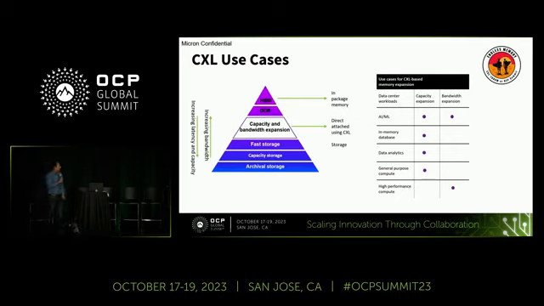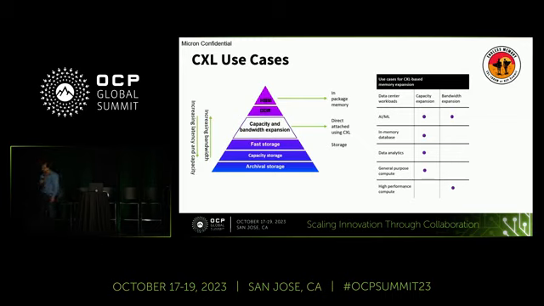Okay, so on the CXL use cases, I'm showing a few sample data center workloads here. I'm also trying to show which workloads benefit from CXL capacity, and which ones benefit from the bandwidth. So AI ML, if you take training, it definitely benefits from both capacity and bandwidth, right?